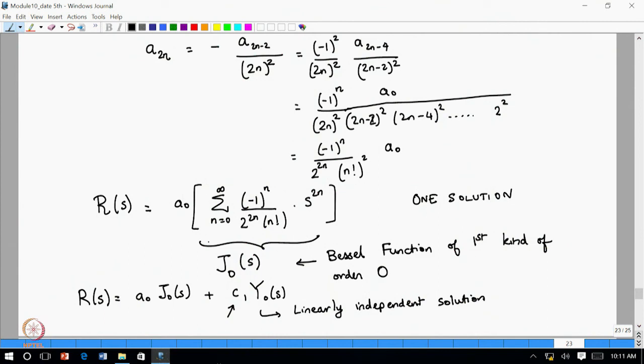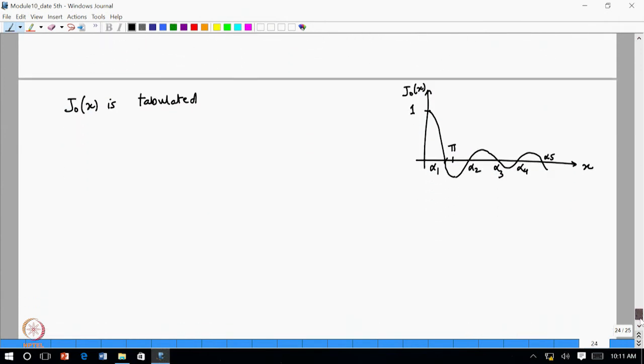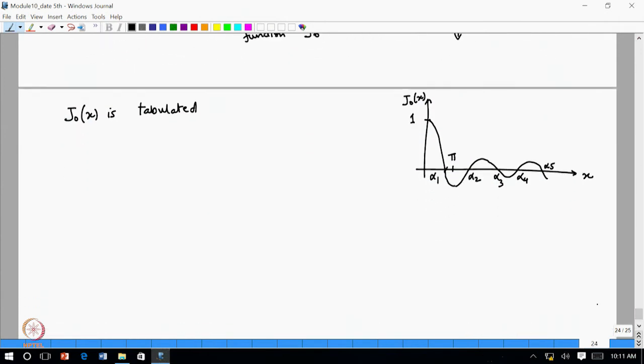You have to calculate it for each value of x. This has been done and tabulated numerically, and it has this form. So, what you get is that alpha 1 works out to about 2.4048 and alpha 2 is 5.5201 and so on. I will not write the remaining.